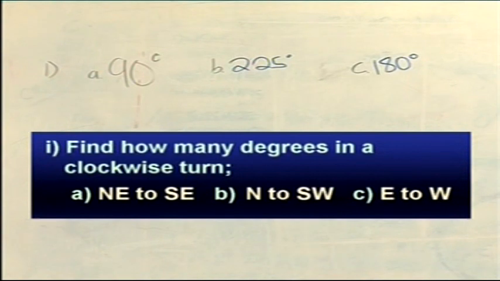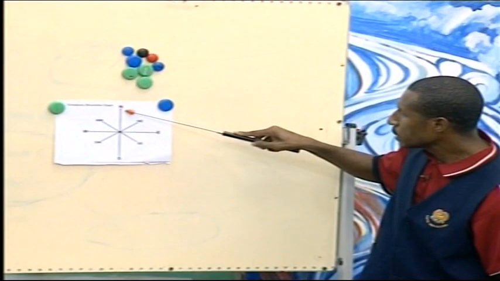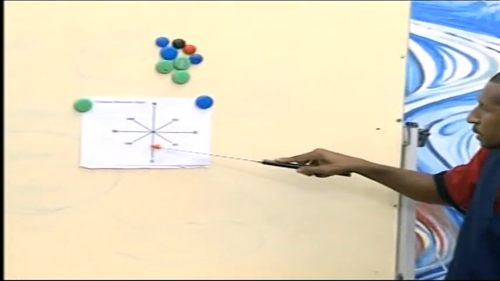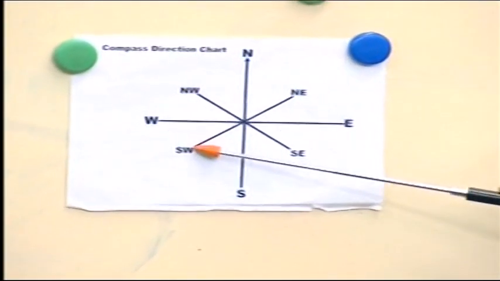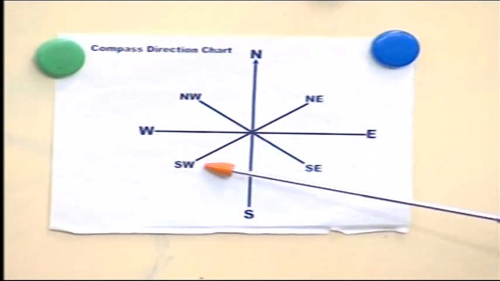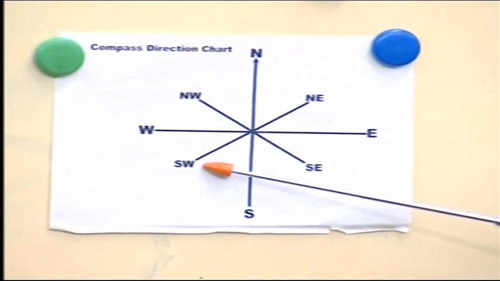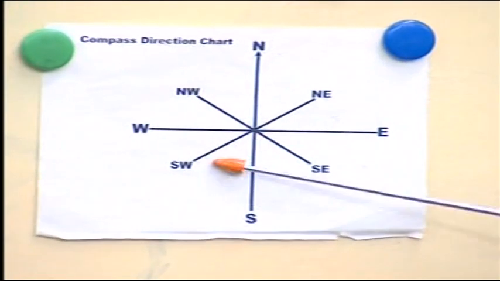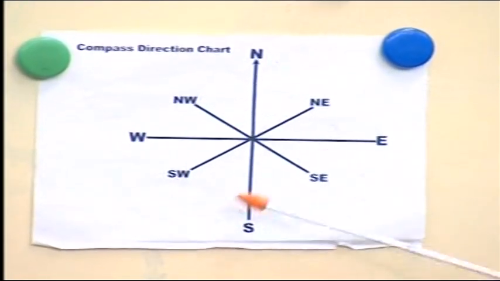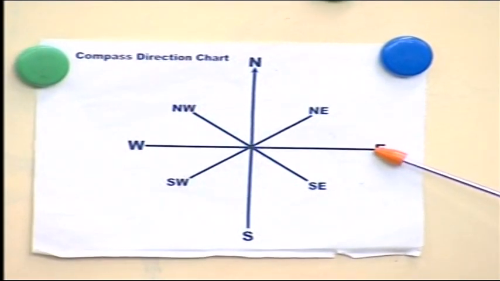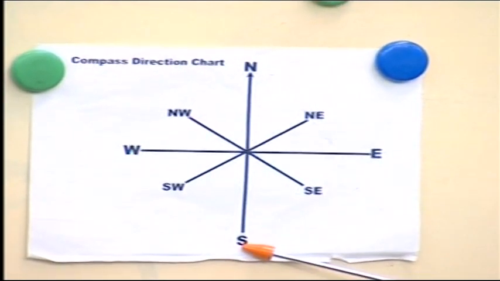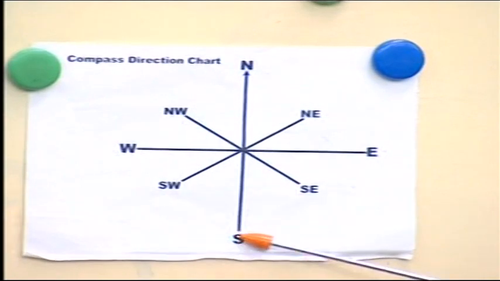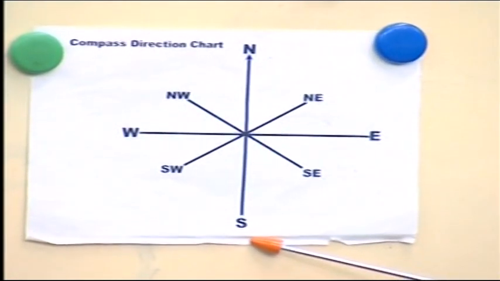1B, clockwise, north to southwest. Starting from north, we go in a clockwise direction all the way to southwest. So, how many degrees is that? Okay, let's confirm the answer from the compass direction chart. From north to east, how many degrees is that? From east to south, north to south, how many degrees? 180. So, north to south is 180.